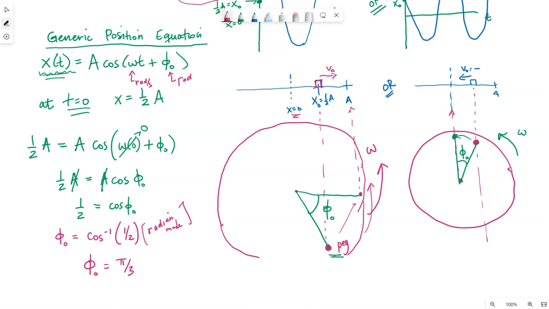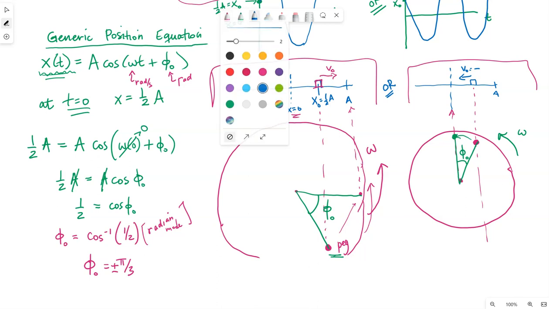But my calculator is not smart enough to know whether I need the positive pi thirds or the negative pi thirds. And so we have to put that into the equation specifically. And that's where relating this to circular motion is handy.